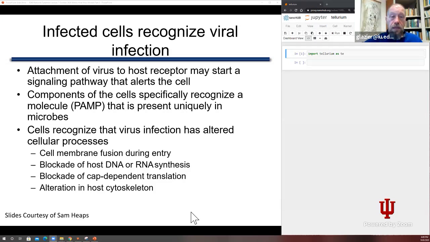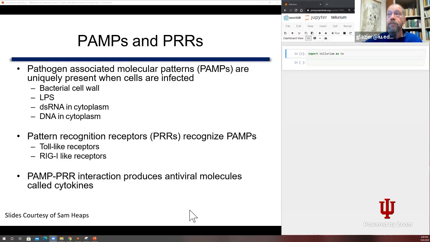And there are a variety of signaling pathways which cells respond to. The cell can respond by doing a lot of things. It can try to prevent the virus from getting into the cell in the first place. It can block the viral replication. It can try to prevent the virus from being released. And it can also cause the cell to die.